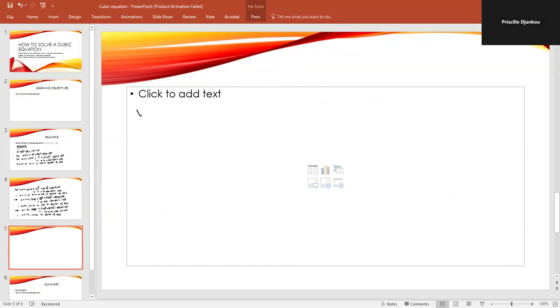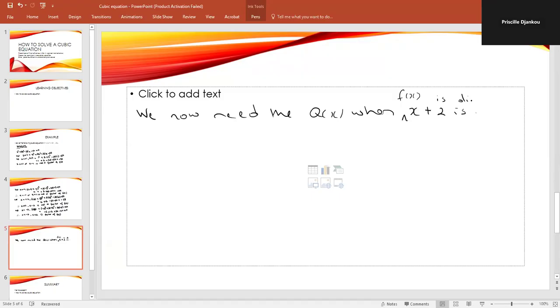So we now need to find the quotient q of x when f of x is divided by x plus 2.